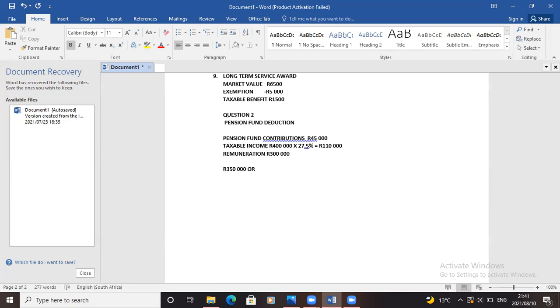The smaller amount is 110,000. Between the two, the smaller one is the final limit, which is 110,000.